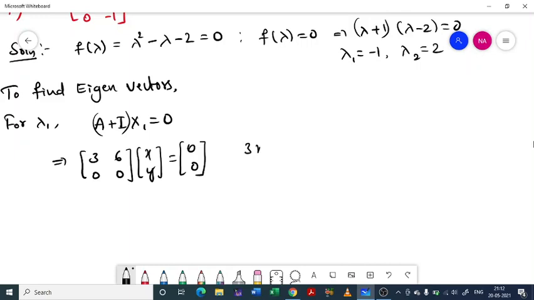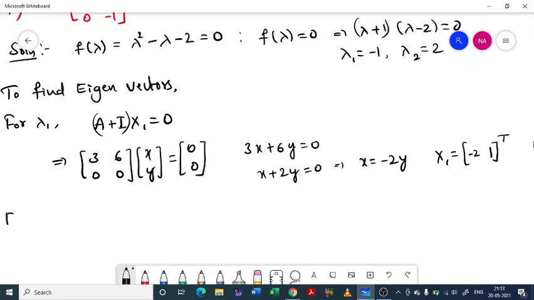That is 3x plus 6y equal to 0, which implies x plus 2y equal to 0. So x equal to minus 2y, taking y equal to 1, so (-2, 1) transpose is x1.